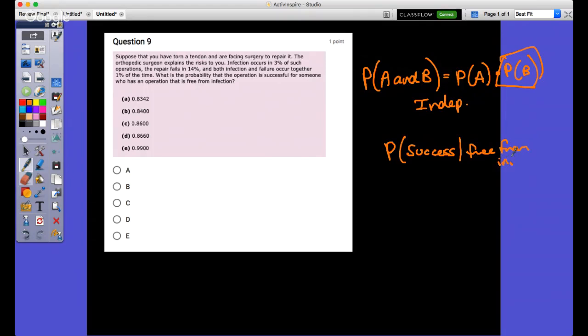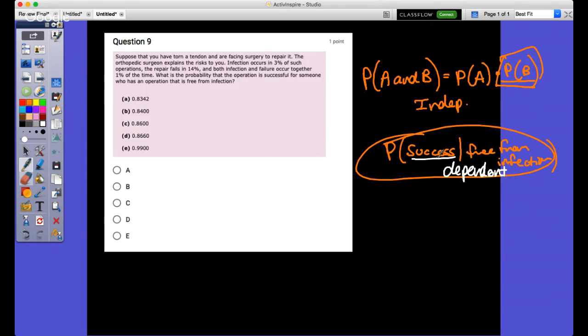So you had to work almost backwards a little bit, but you realize that for the probability of success given that they're free from infection, I can't use this formula here. I've got to transform this formula because this is a dependent event. And based on practical knowledge, you know that my probability of success will change given that someone's free from infection. It's pretty logical, but you could also show that.